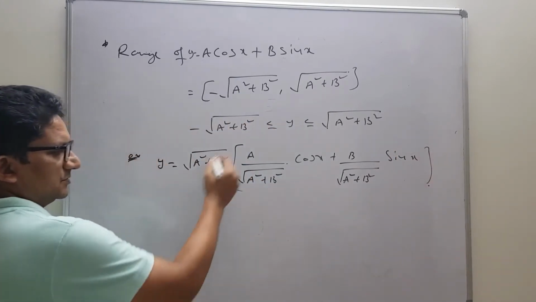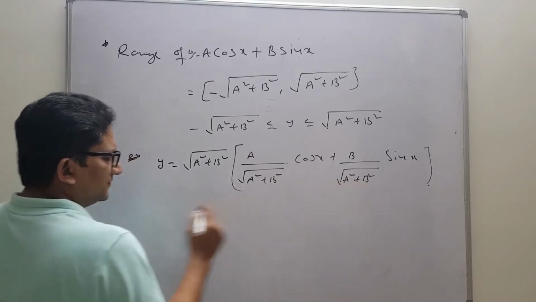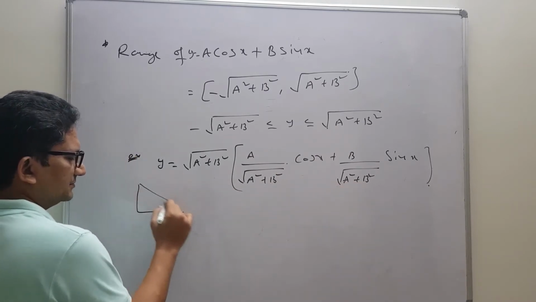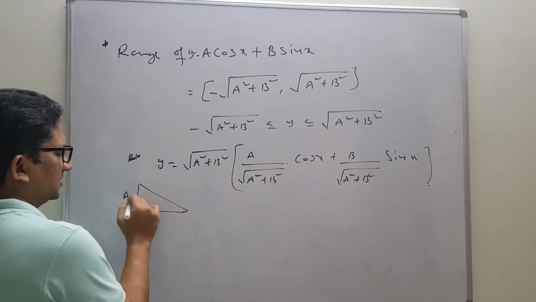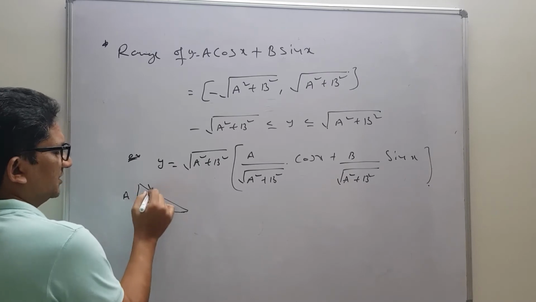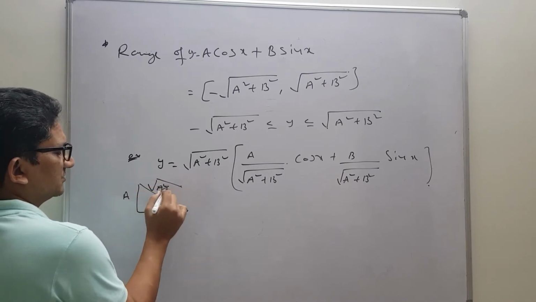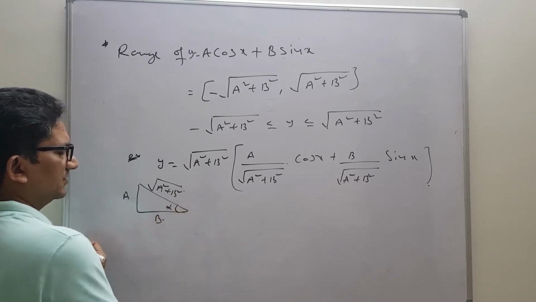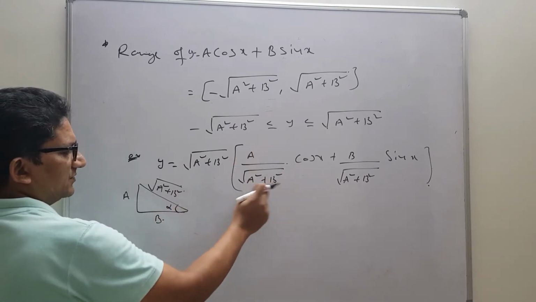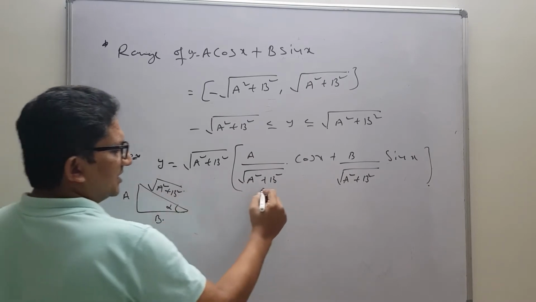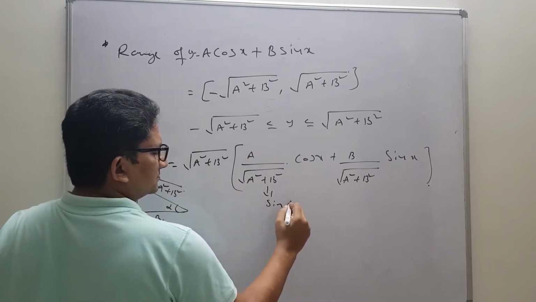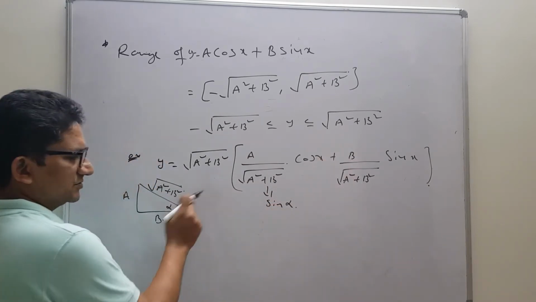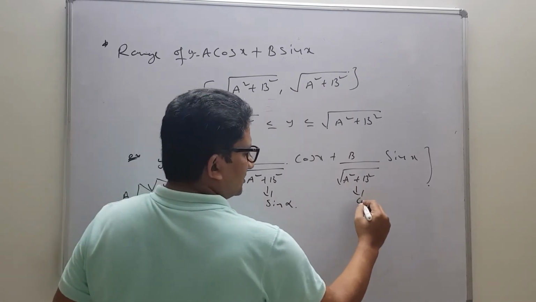With the help of these values, if you take a right angle triangle, here this side is a and this side is b, and this will be root of a square plus b square. Here we take some angle alpha. Now a by root of a square plus b square can be taken as sin alpha, and b by root of a square plus b square can be taken as cos alpha.